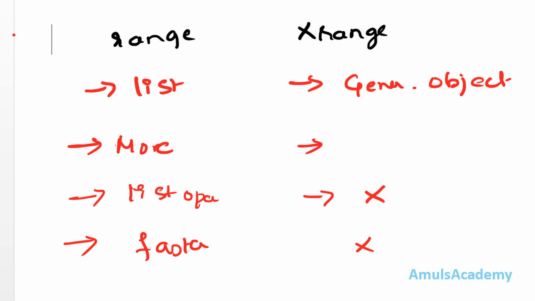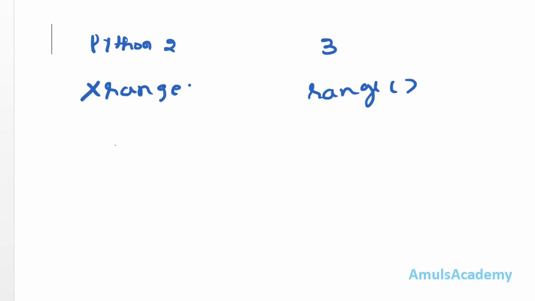So in Python 3 the Xrange function is renamed as the range function. The Xrange function of Python 2 is the same as the range function in Python 3, and the Python 2 range function is not available in Python 3.